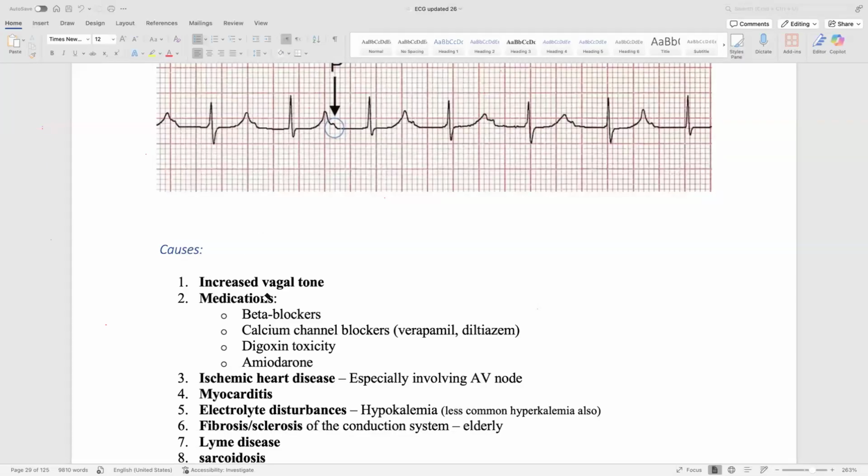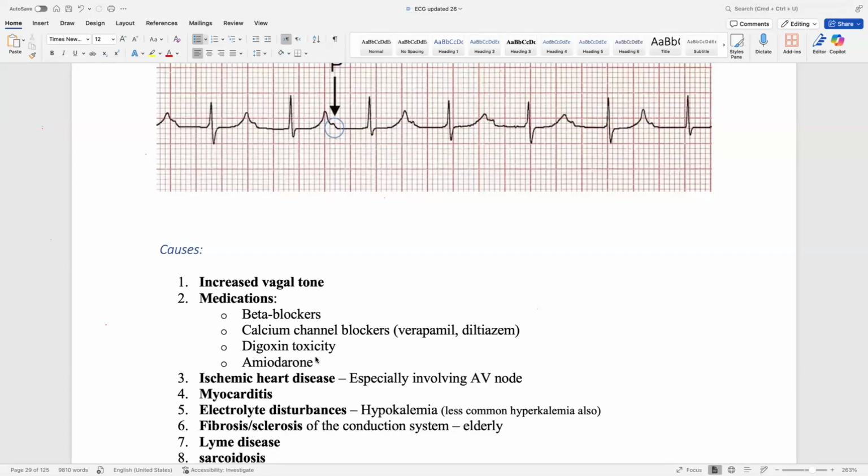Okay, what are the causes of vagal tone? Because the AV node is supplied by the vagus nerve, any medication that increases the vagus, any action such as carotid massage, Valsalva, squatting, whatever increases the vagal tone can lead to first degree heart block and can be used for treating tachycardia. Medications which act in the AV node and slow the conduction are beta blockers, calcium channel blockers, the non-dihydropyridines, verapamil and diltiazem, the rate limiting calcium channel blockers, and of course high dose of digoxin, because digoxin is the same as aspirin. It works by dose.